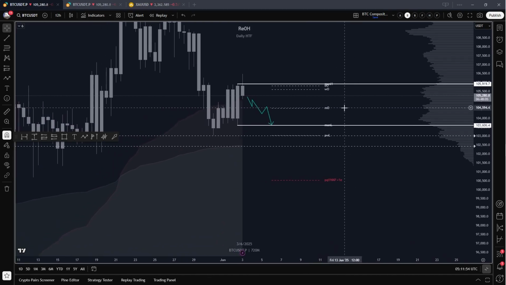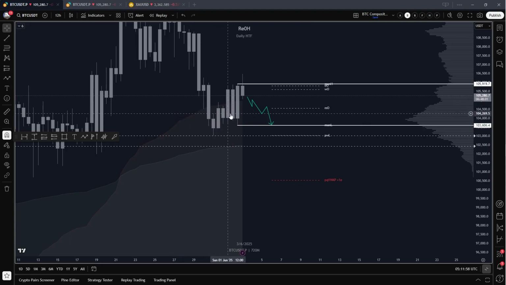I want to see reactions since we are now grinding in the quarterly VWAP band and also the yearly VWAP band. If we fail to rotate higher, I want to see a rotation between these two areas.